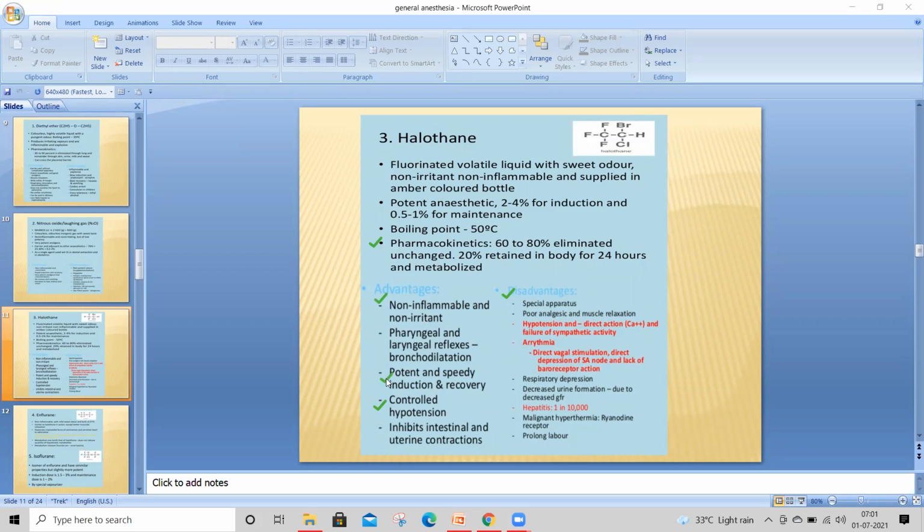But halothane is one of the potent general anesthetics with speedy induction and recovery. And in disadvantage, you can see this halothane may cause respiratory depression, and it may prolong labor. So halothane has advantage as well as disadvantage.